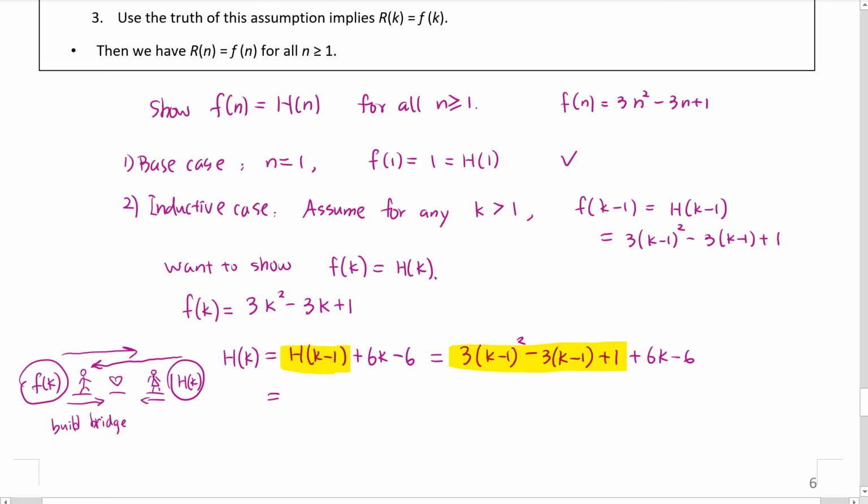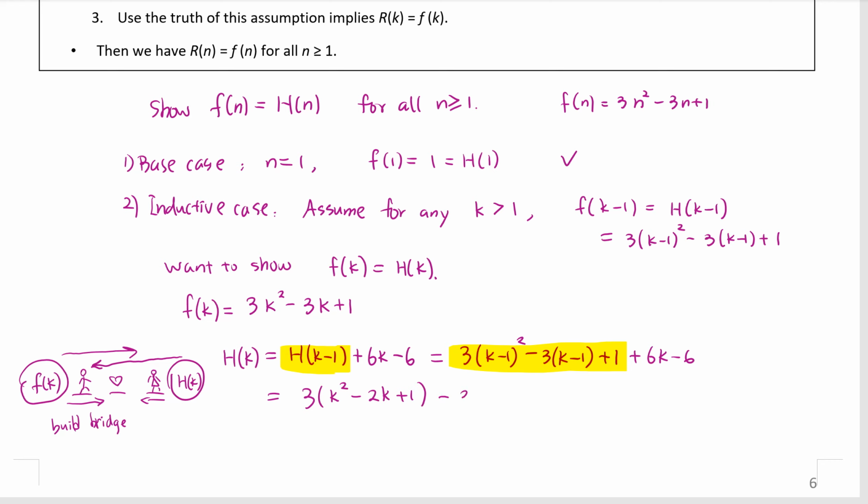Okay, so let's distribute everything. So this is k squared minus 2k plus 1. Don't forget the minus 2k. I hope you are familiar with the algebra formula.